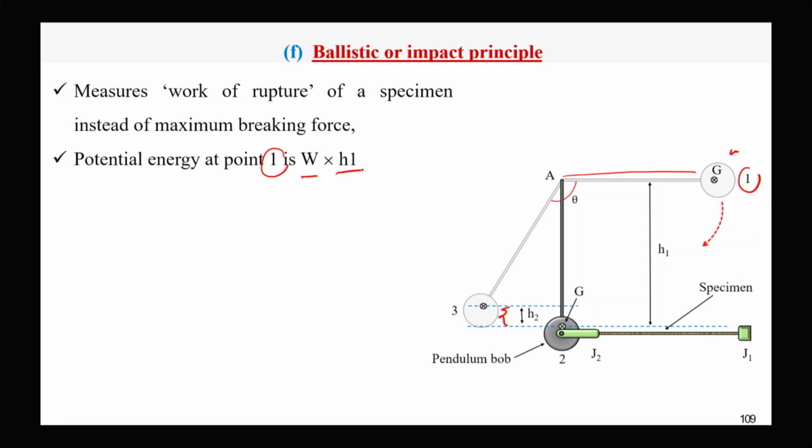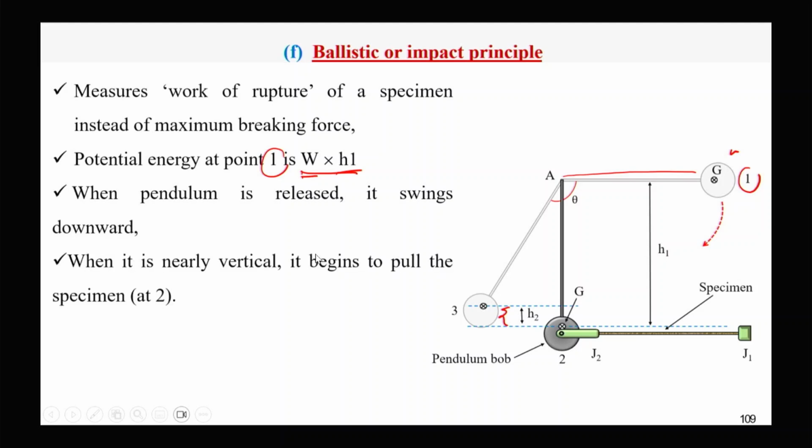So W h1 is the initial potential energy, and when it's released it swings down and reaches point 2, where the potential energy is minimum.